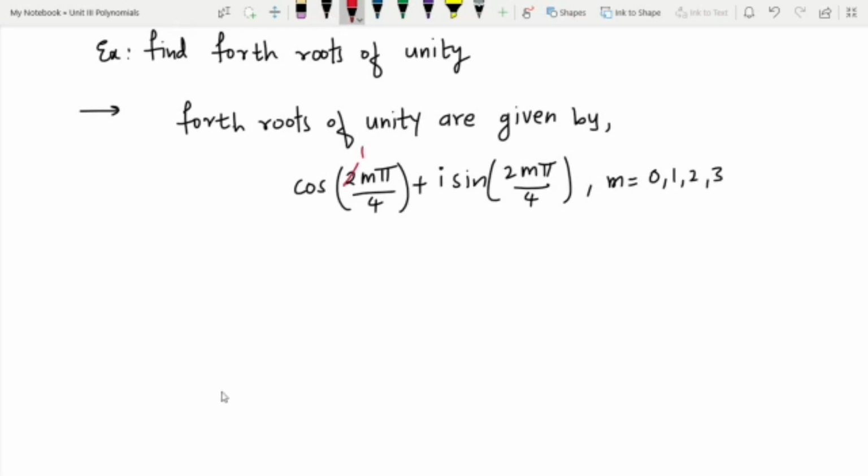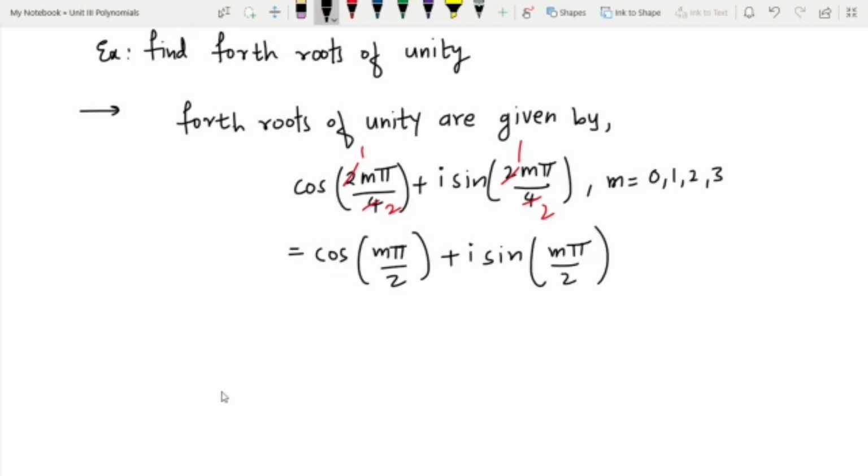Now one by one we'll put the values, but you can easily do the calculation. This is the same as cos of m pi upon 2 plus i sine m pi upon 2. For m equal to 0, your alpha 0 will be 1, that you can easily verify.